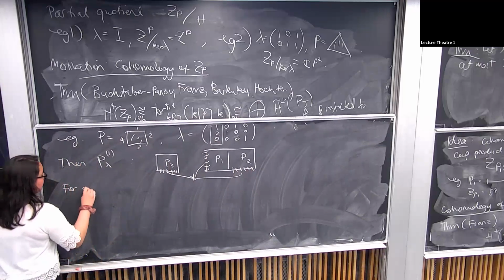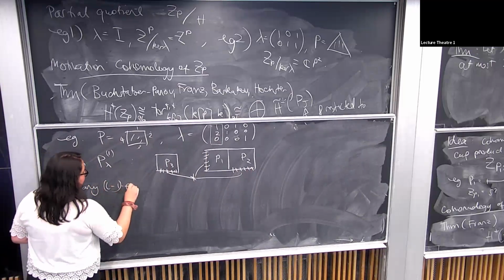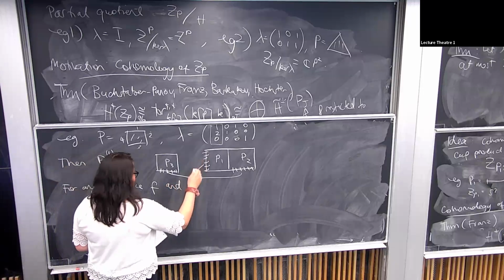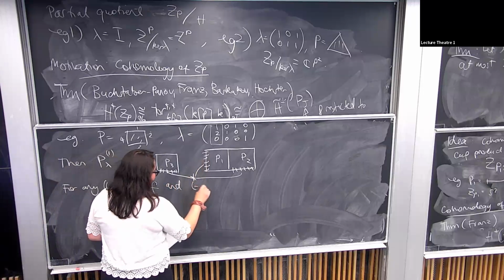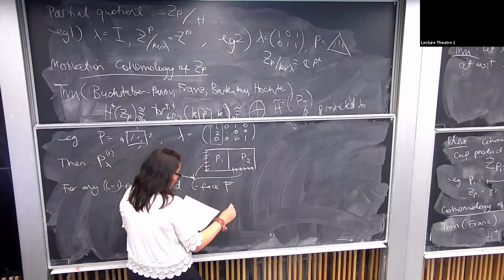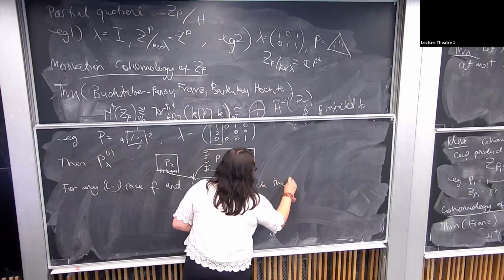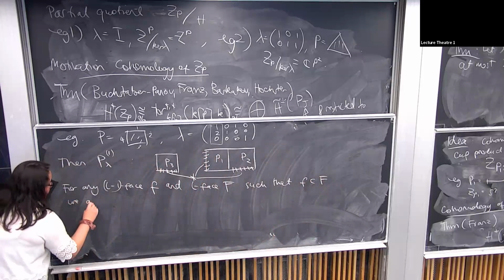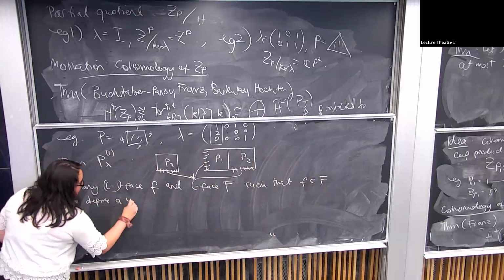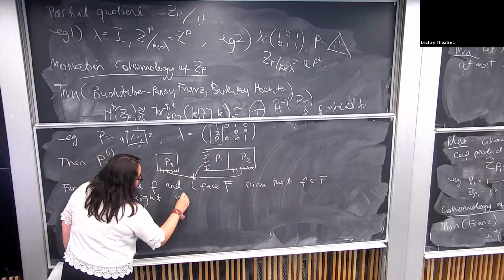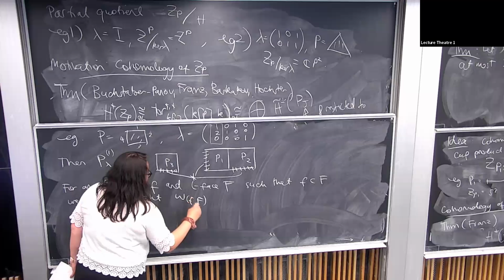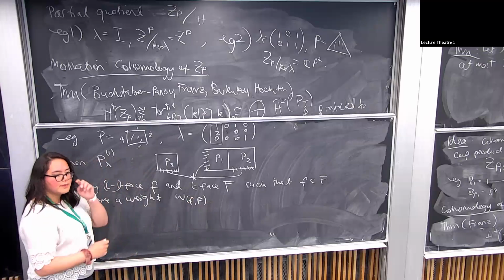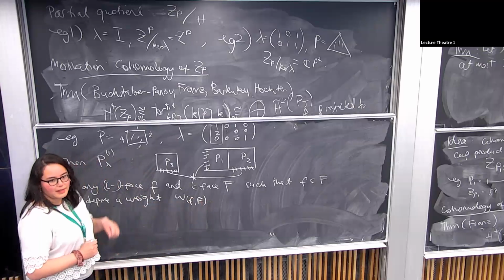So let's say for any L-1 face, say little f, of this complex, and an L face, capital F, but that little f is contained in big F, we define a weight W of f, F. So somehow we're not just giving a weight to each face, but to a pair of faces, that is, f with respect to the larger capital F in some way.